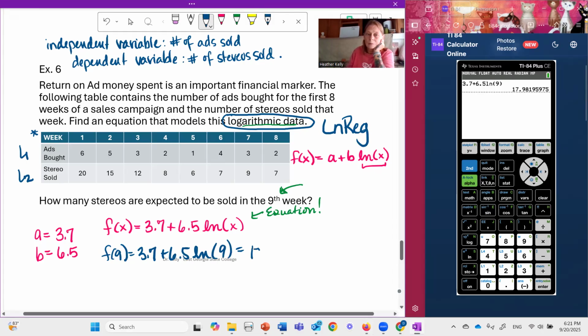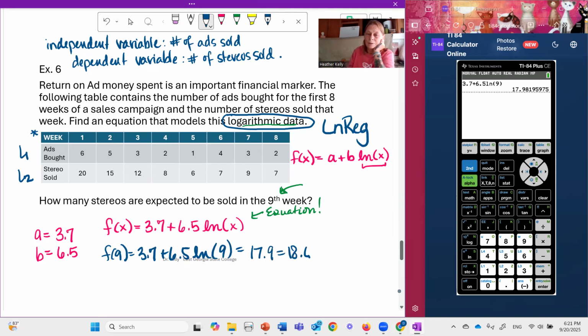And this makes no sense. 17.9, which is equal to 18.0. 3.7, 6.5, ln 9. Okay. The answer doesn't make sense.